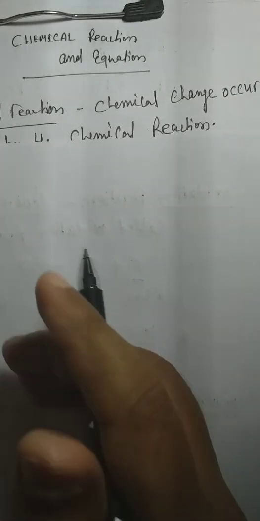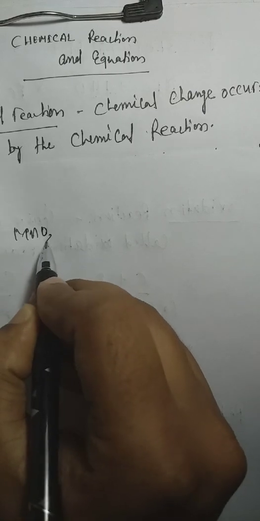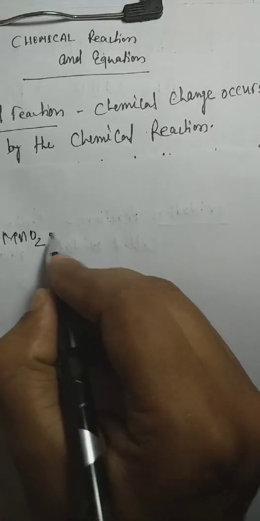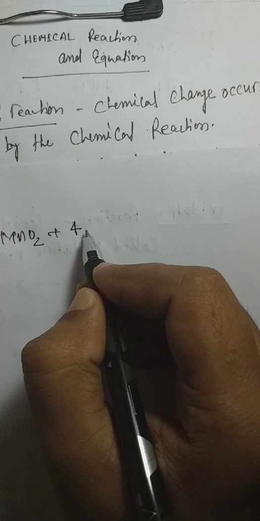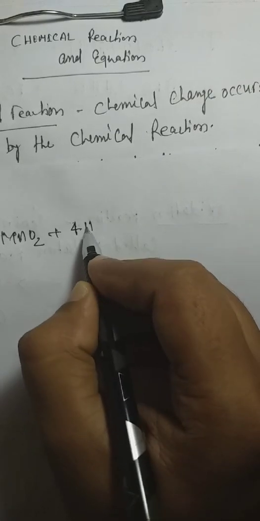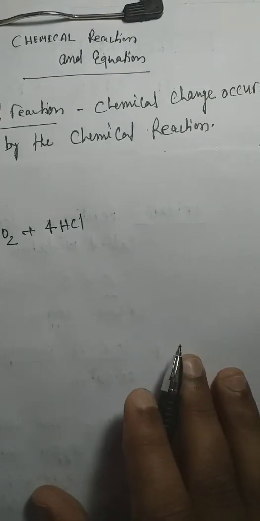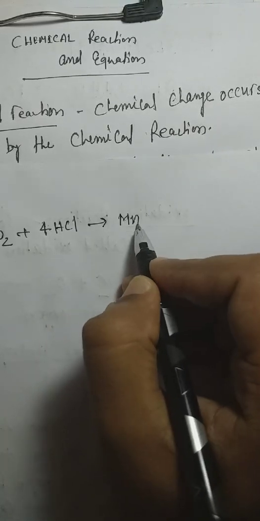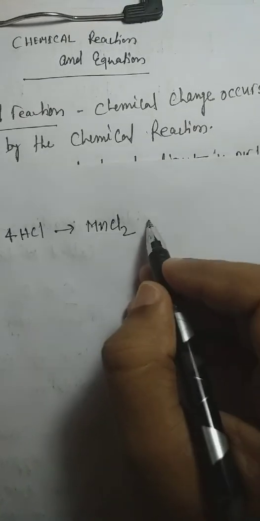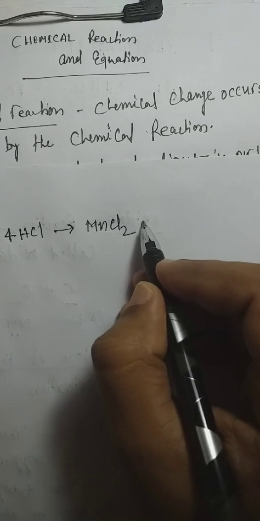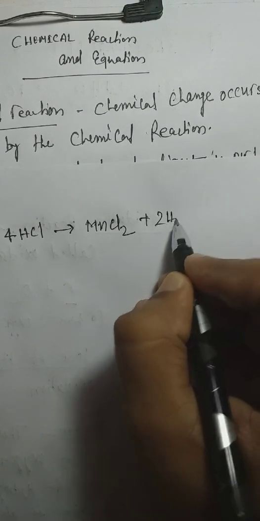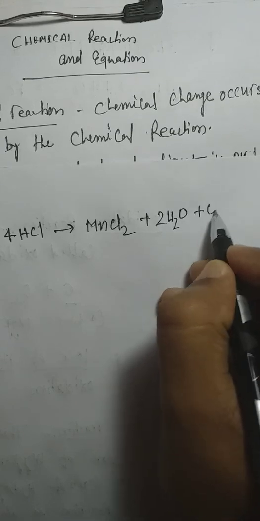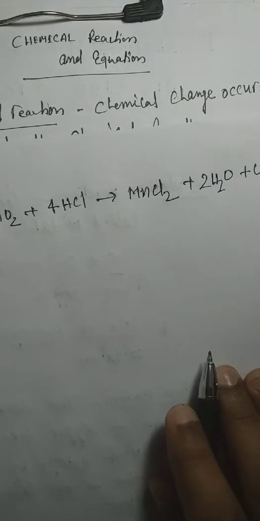Next we are taking an example in which we are discussing MnO2. This is manganese oxide. When it reacts with HCl, it will form MnCl2 plus water and plus Cl2. See what is going on.